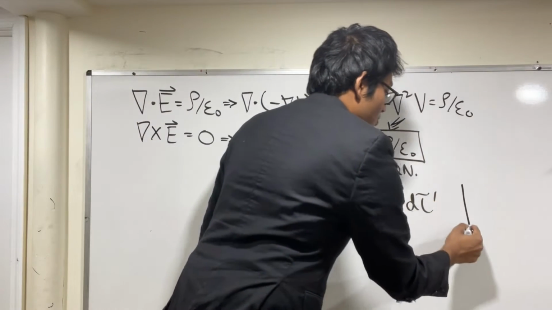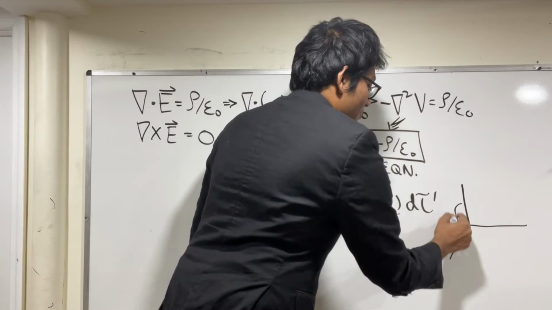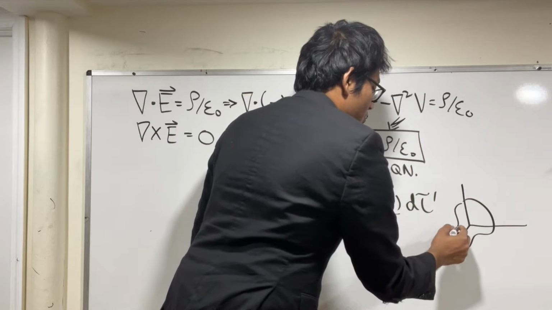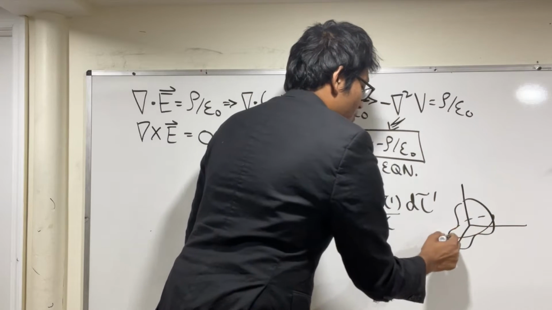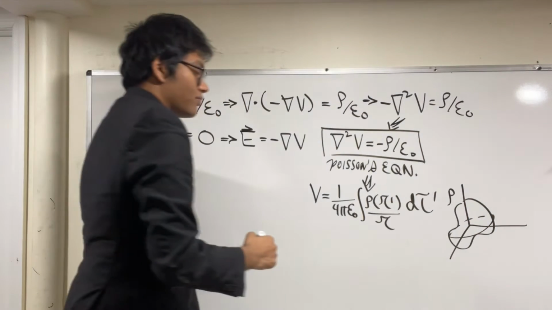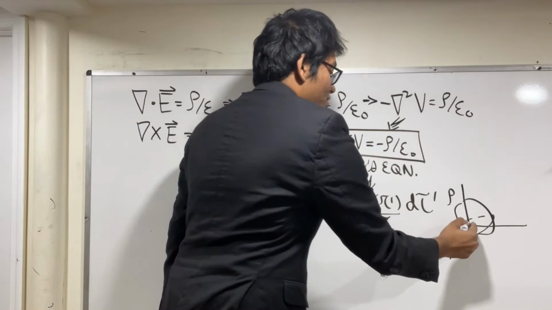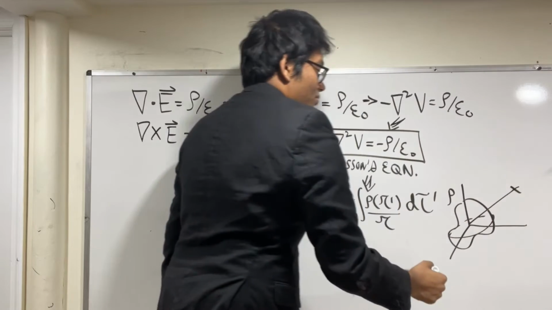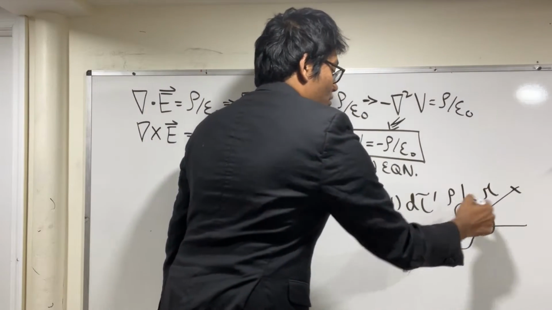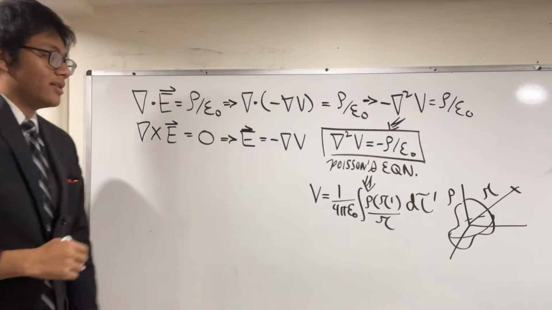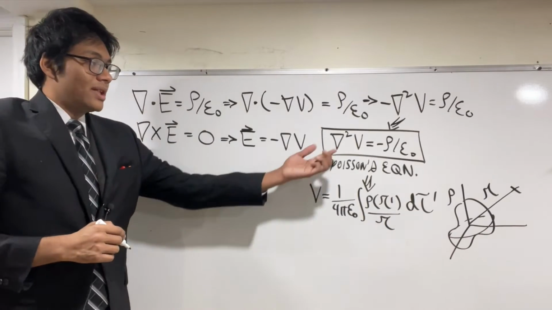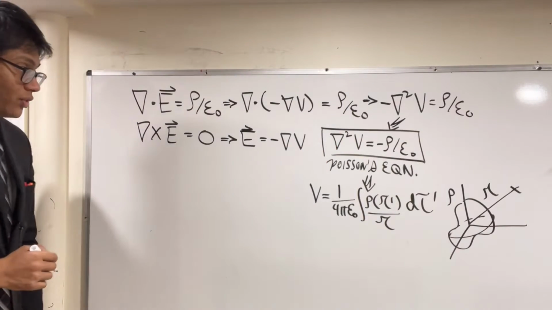So the picture that goes along with this is that you have some kind of arbitrary charge distribution having a volume charge density rho that might vary depending on where you are. We're integrating over this entire region, and let's say we want to determine the field somewhere here. This R in the denominator is that R right there. So this is the electric potential when you solve Poisson's equation.